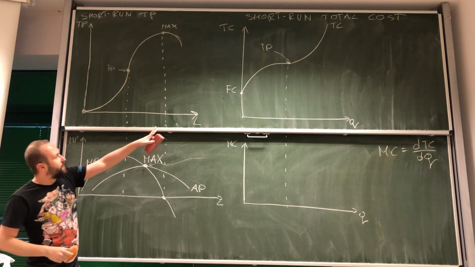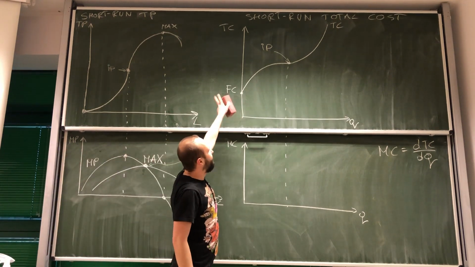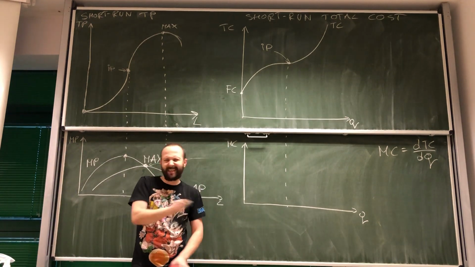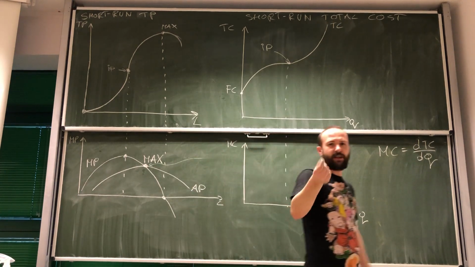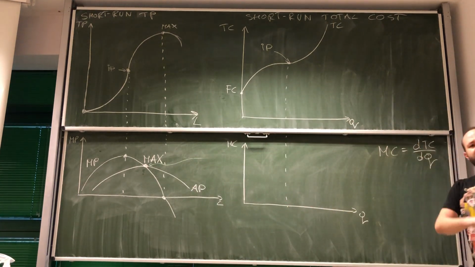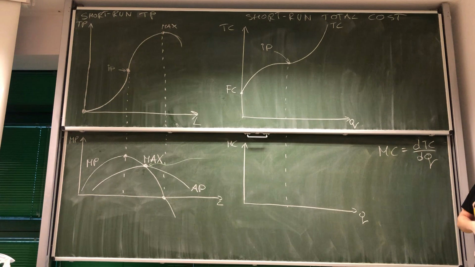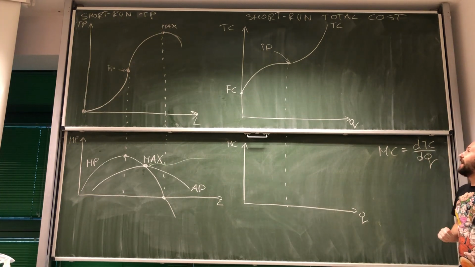Now, at the beginning, look, fixed cost is fixed, right? If I differentiate a constant, which is fixed cost, it's going to be 0. It's not going to affect how the marginal cost should look.